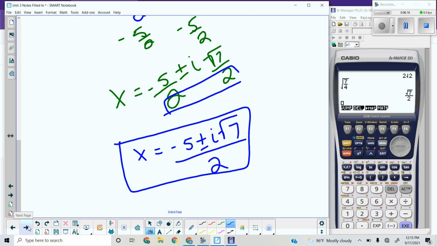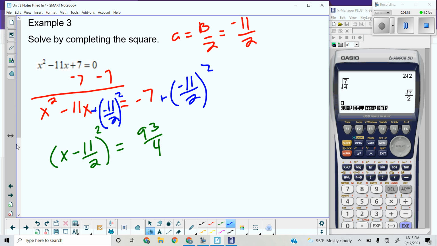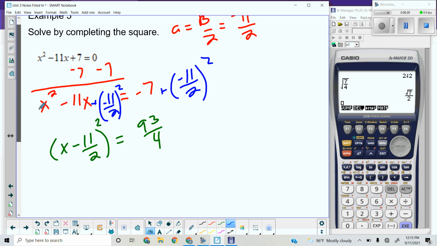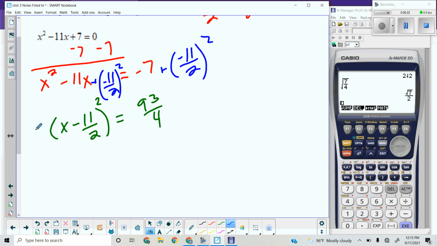All right, I think we have one more example. Maybe two, no, just one. So, square root of both sides, x minus 11 over 2 equals positive negative.